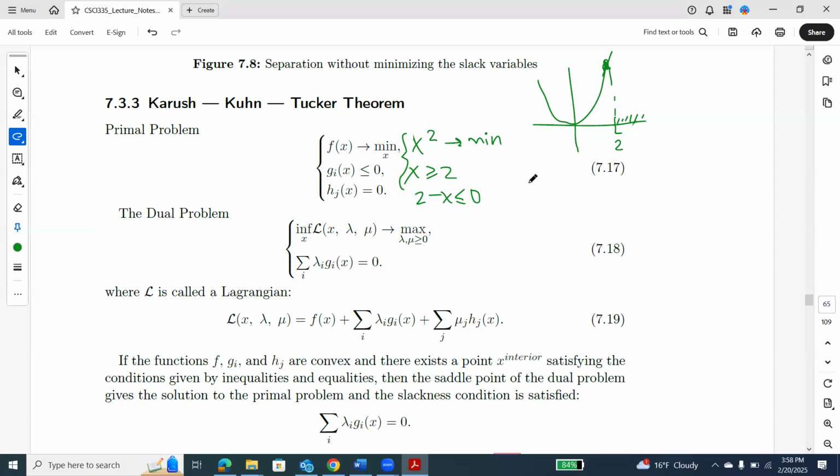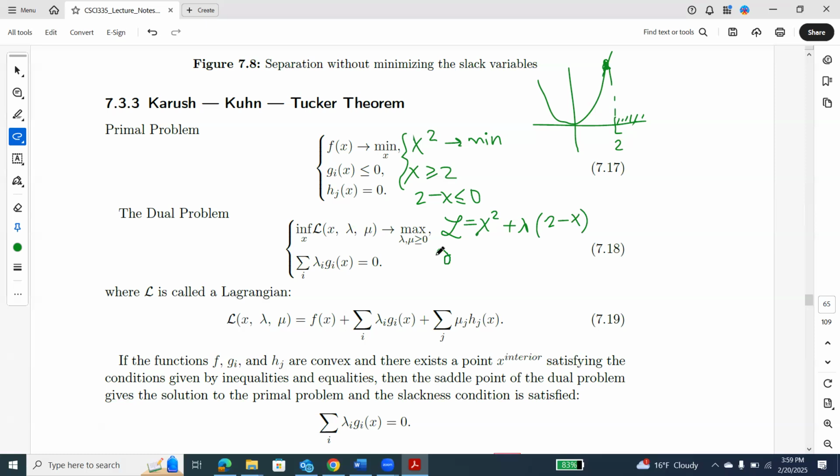And then the Lagrange function will be our function x squared plus lambda times the constraint. So this function depends on lambda and x. First, we will minimize with respect to x.